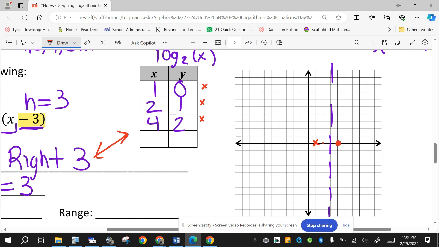Then I'm going to go to (2, 1), just here. Then I'm going to go 1, 2, 3. Then (4, 2). Sorry, guys. 4, 1, 2, 3. Oh, (4, 2).